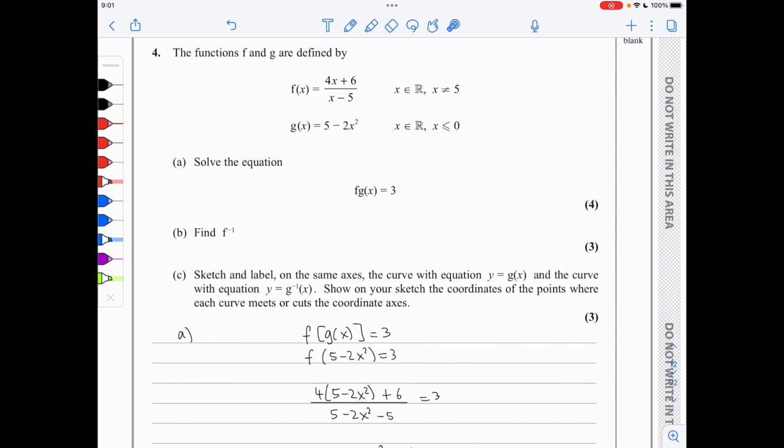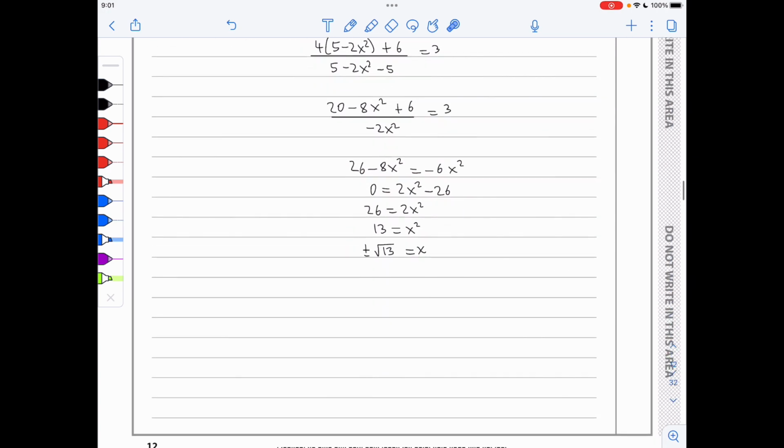So I could have never started with x being plus root 13. So we can say that since the domain of g is all x less than or equal to 0, we can only conclude that x must be minus root 13.